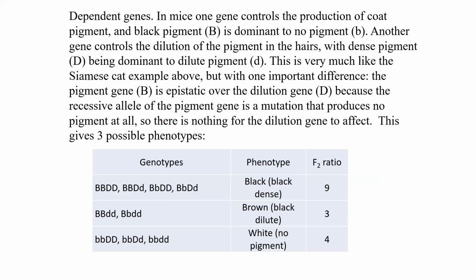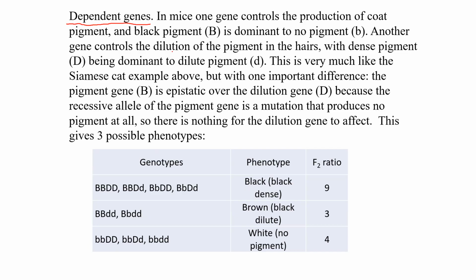Now, let's talk about dependent gene epistasis, right? As an example of epistasis. So this is what we're talking about now. In mice, it says here, one gene controls the production of the coat pigment, and another gene controls the dilution of the pigment in the hair, with dense pigment being dominant over dilute pigment.